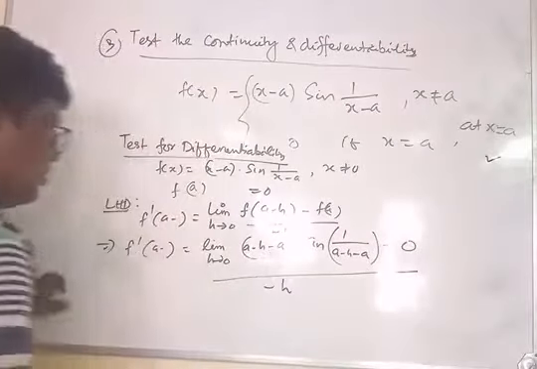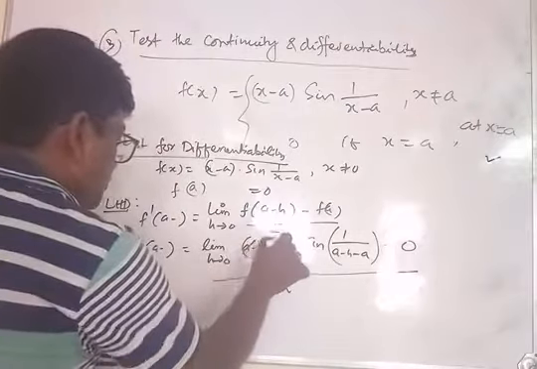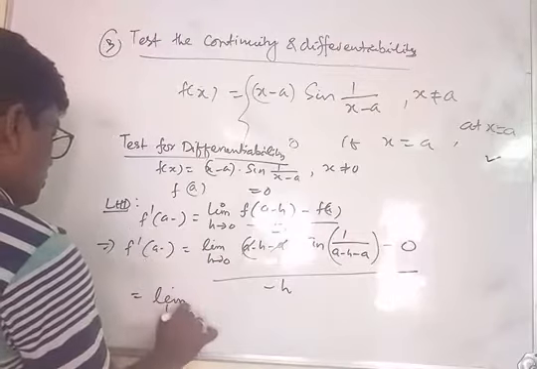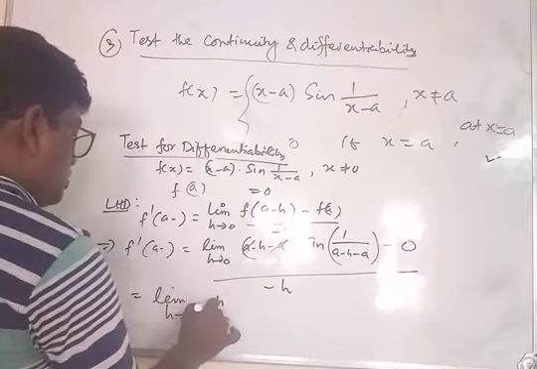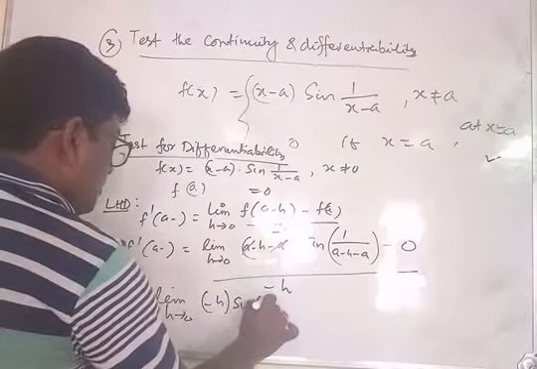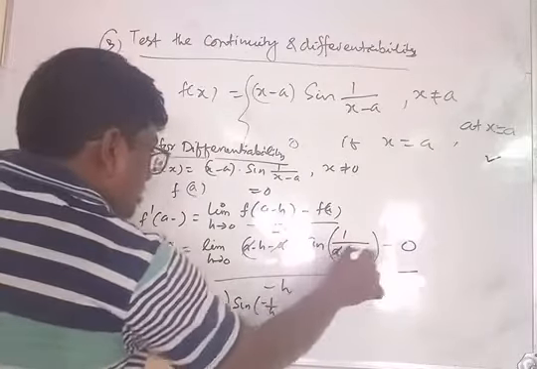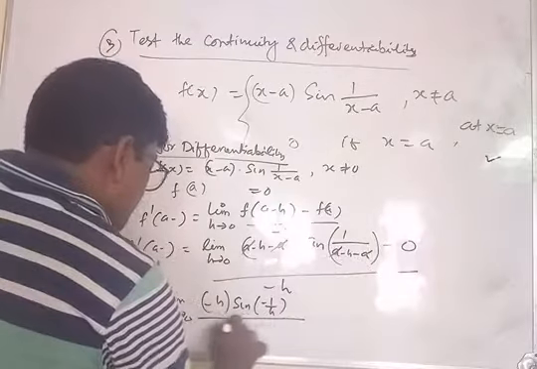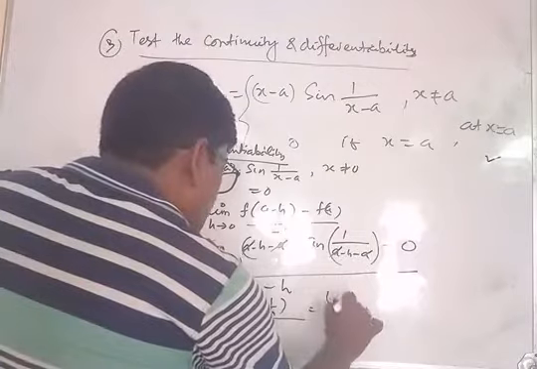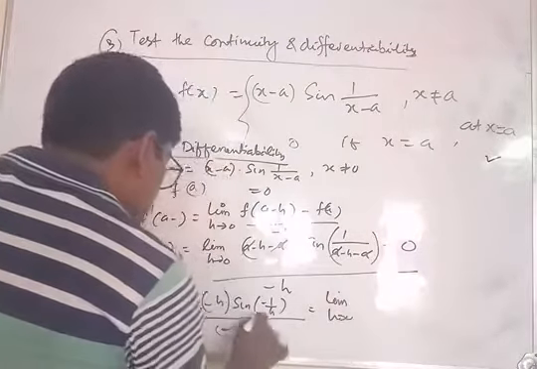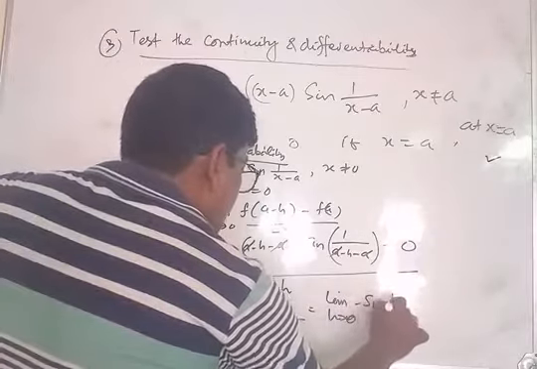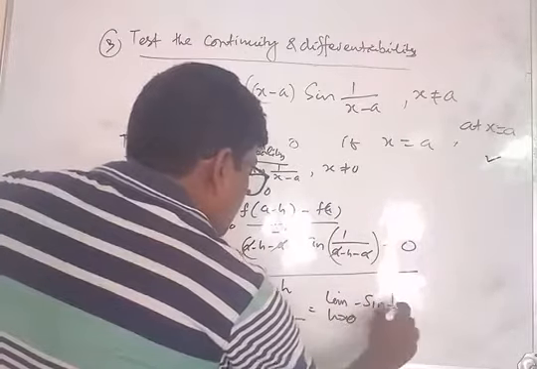So minus a plus a cancel. That is equal to limit h tends to 0 of minus h into sin of minus 1 by h, divided by minus h. So minus h cancels, and this is equal to minus sin 1 by h.